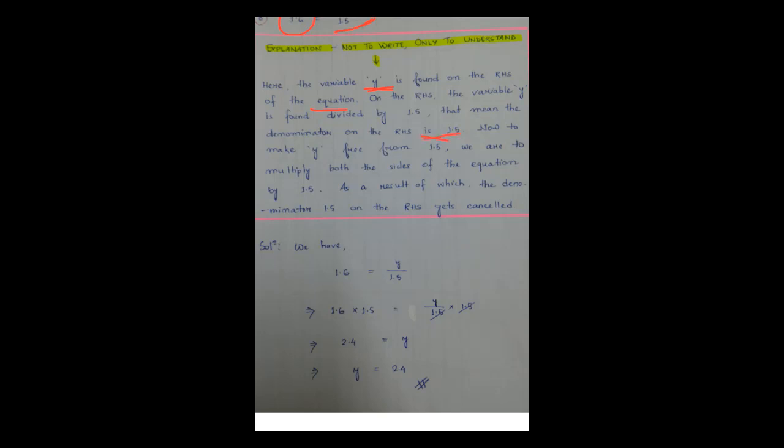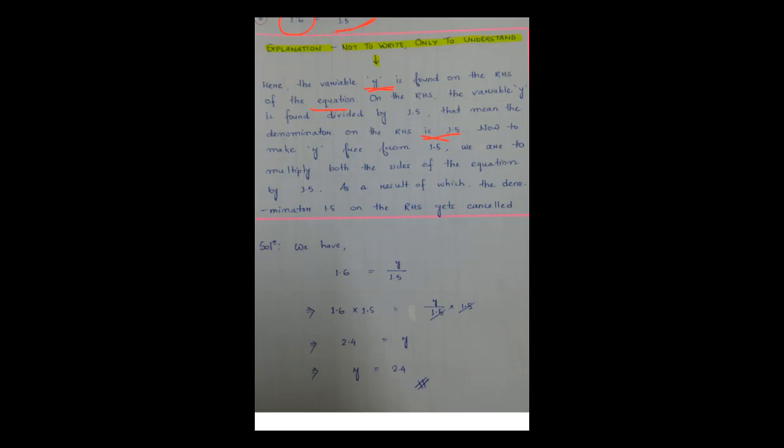So now, to make y independent, means y should be free from 1.5. So what is the way out? We want to remove 1.5 from the denominator part, and how can we do that? By multiplying both the sides by 1.5. Yes or no?